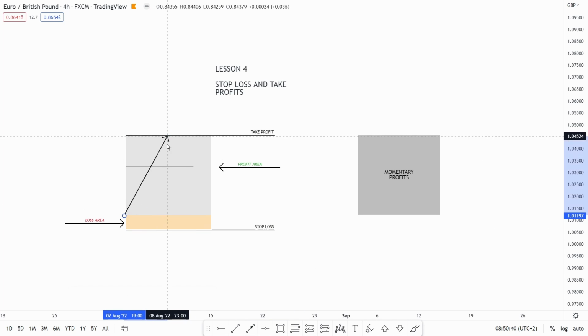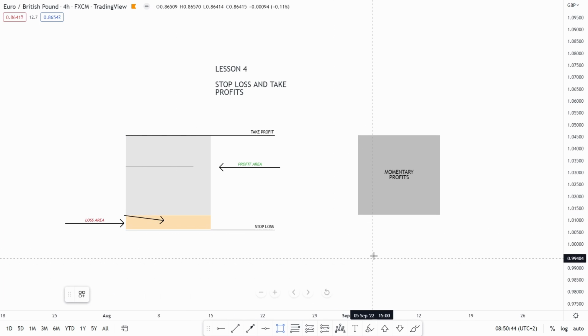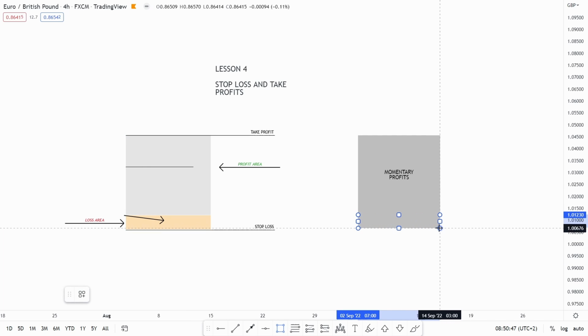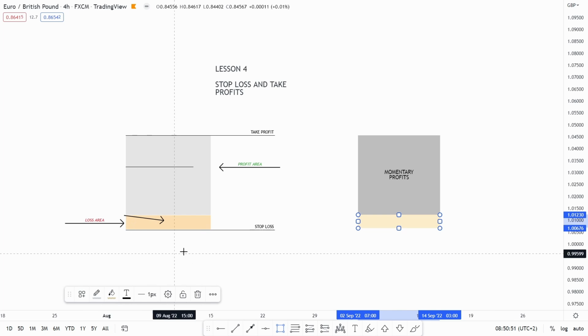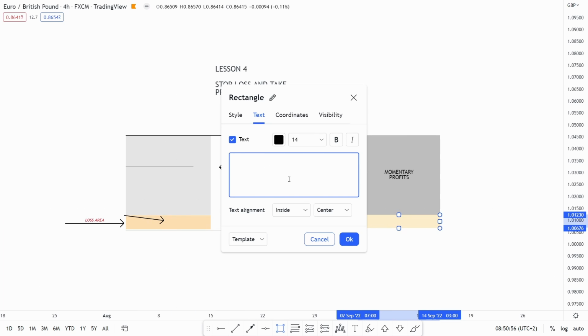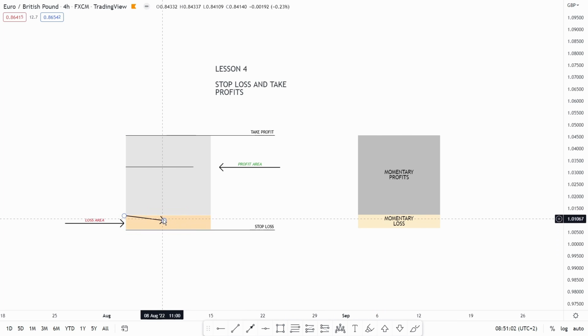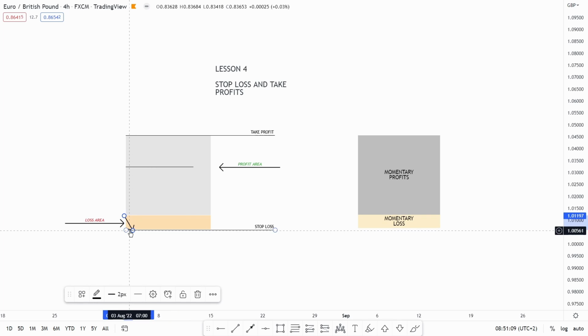So as soon as the market is in this area, it is momentary loss. But as soon as the price touches your stop loss, you are going to lose the money you are losing.